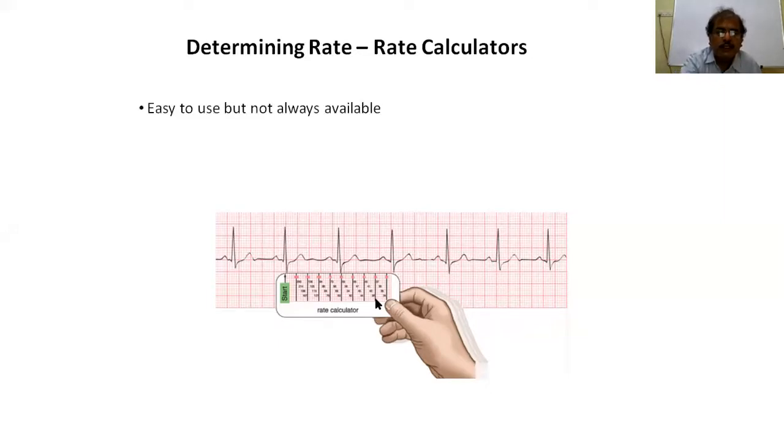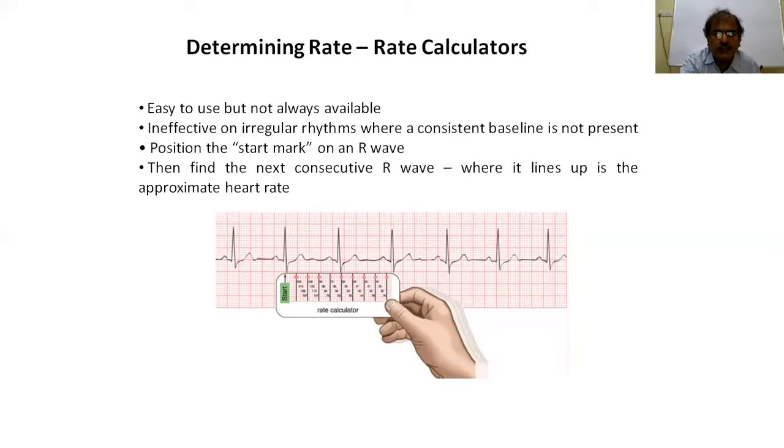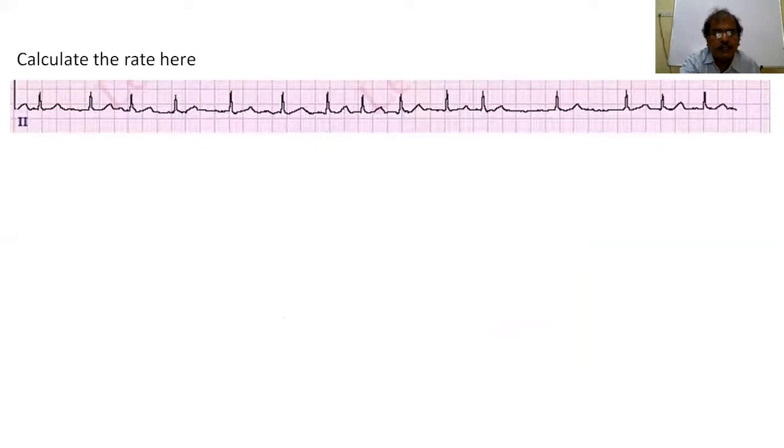This is very easy to use but not always available and ineffective on irregular rhythms where a consistent baseline is not present. Position the start mark on the R wave and then find the next consecutive R wave where it lines up with the approximate heart rate.